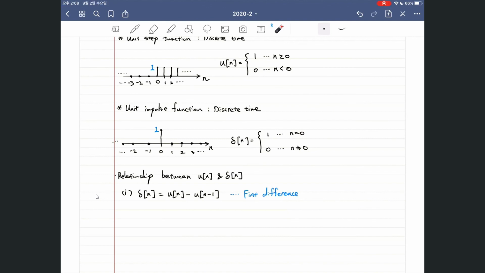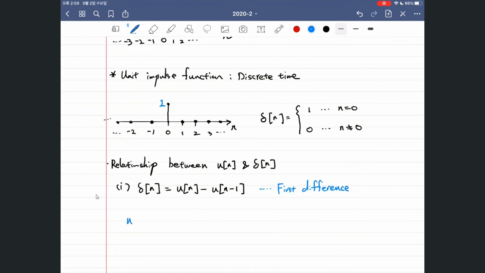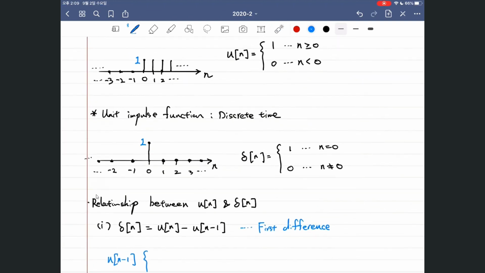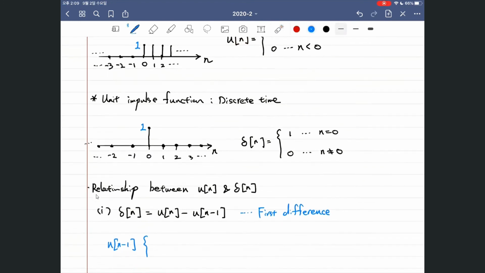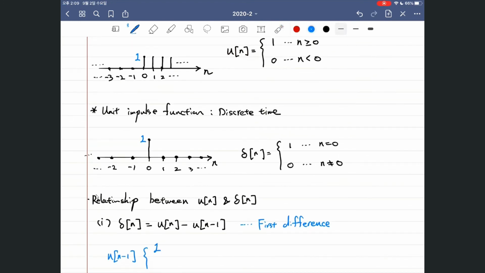So if you replace n by n-1, then the value is 1 when n-1 is bigger than or equal to 0, okay?